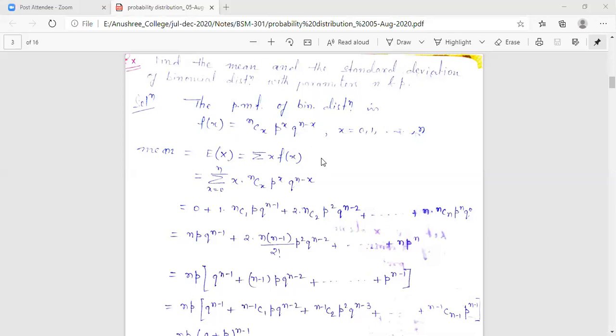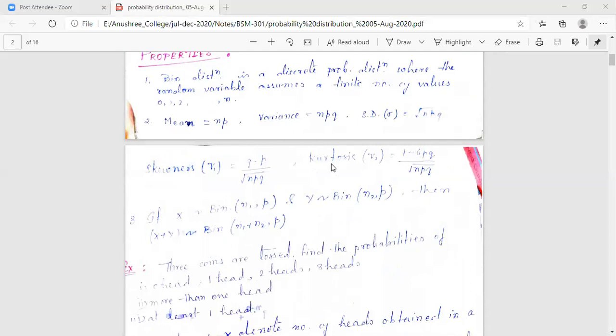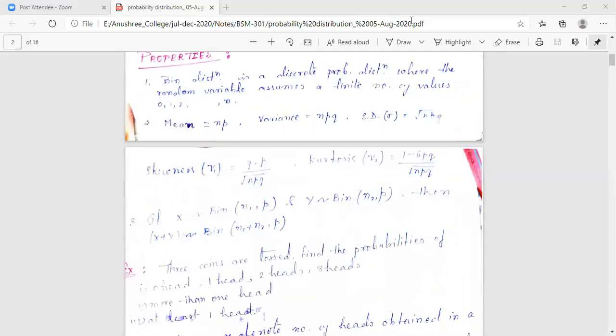As we learned from the properties of the binomial distribution, the mean of a random variable following the binomial distribution is np, and the variance is npq, where q is 1 minus p.